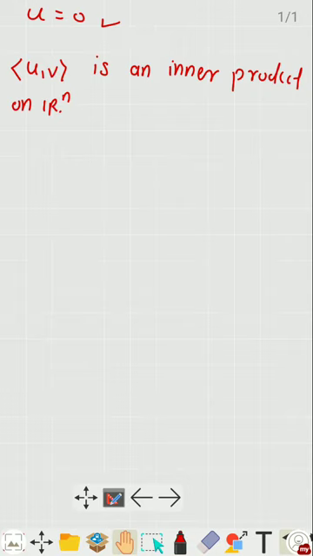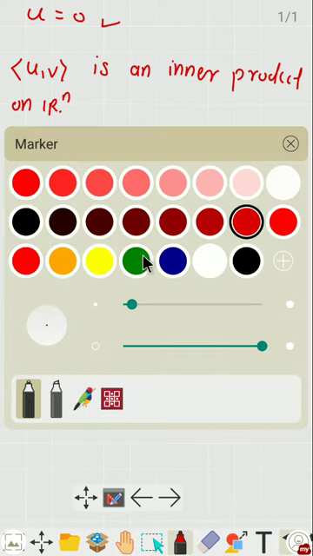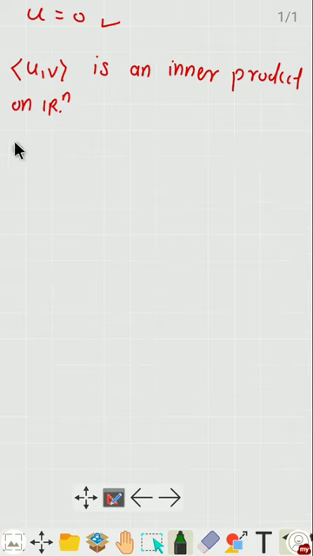Okay, so let us go to the next. Let us take one example now. Let us take the next example, Example 2.